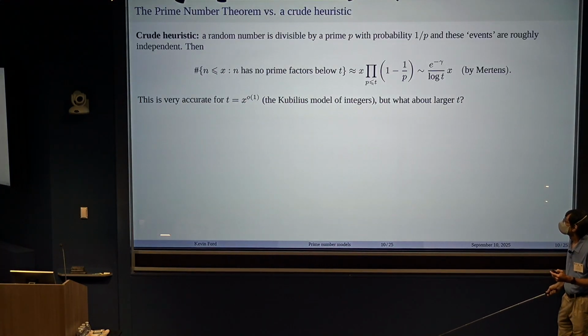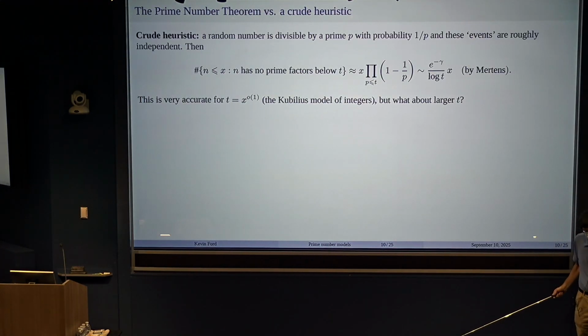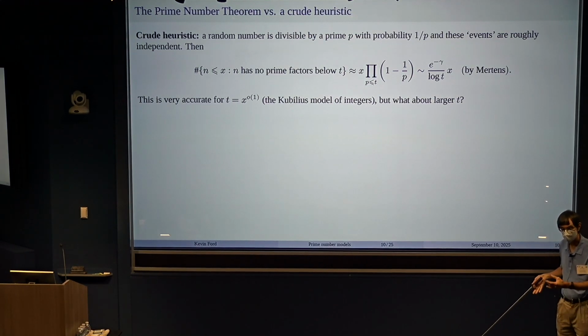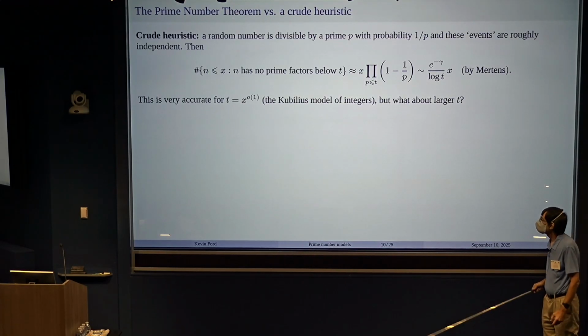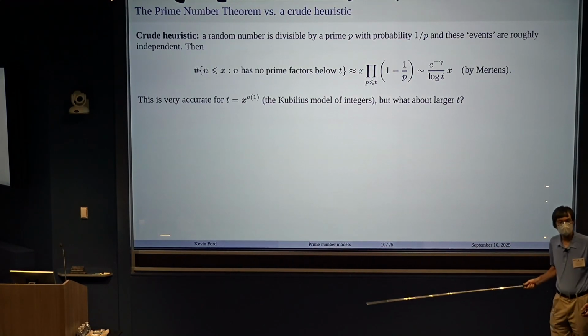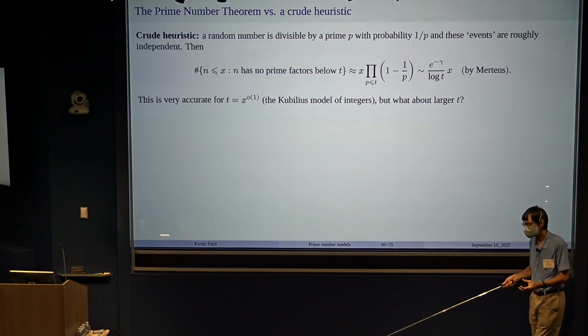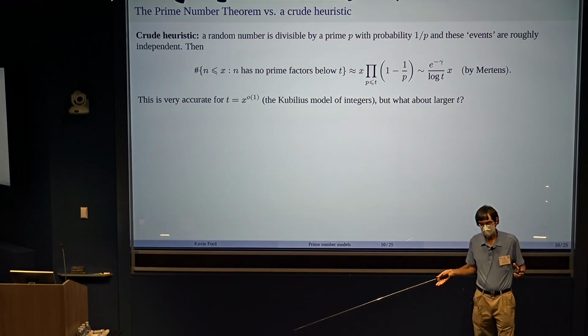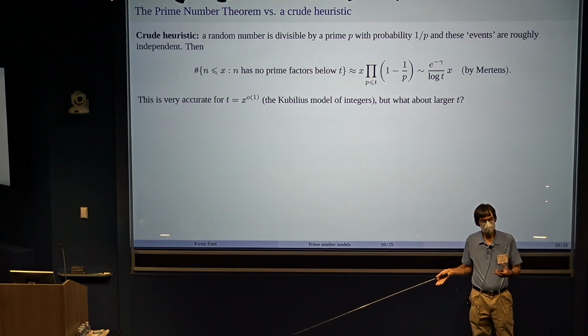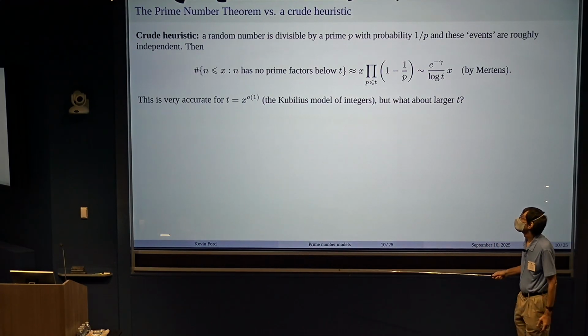All right. Now I want to talk about something closely related. And now I'm going to start talking about random ideas to model the integers, to model the primes. And this is about the sieve. What is a sieve? A sieve is when you take a bunch of integers and then you remove those divisible by small primes. That's what's called a general sieve.